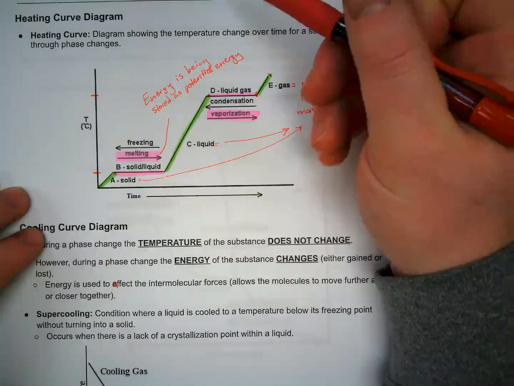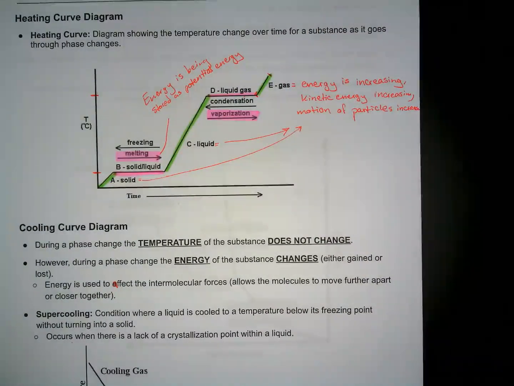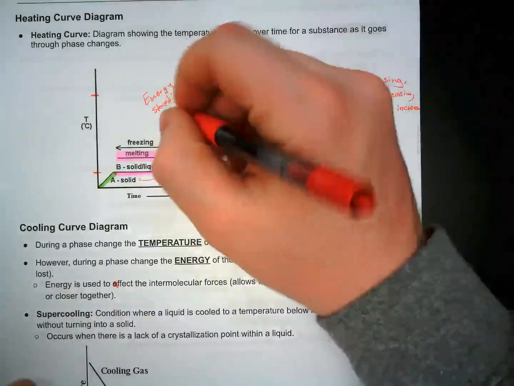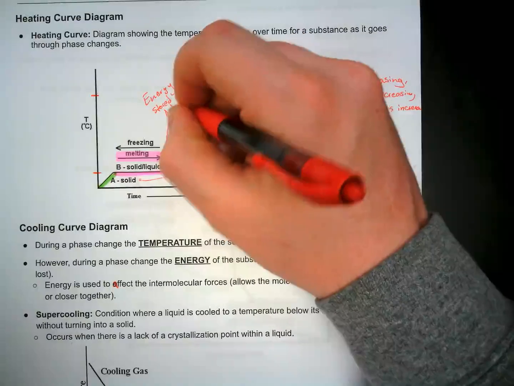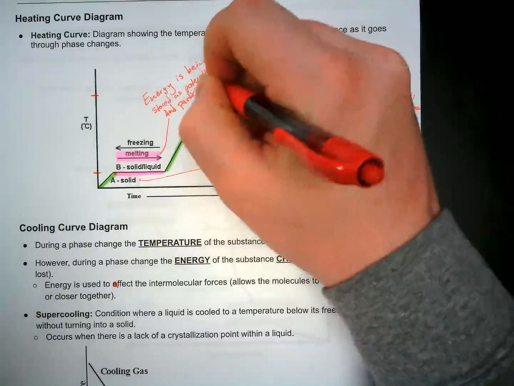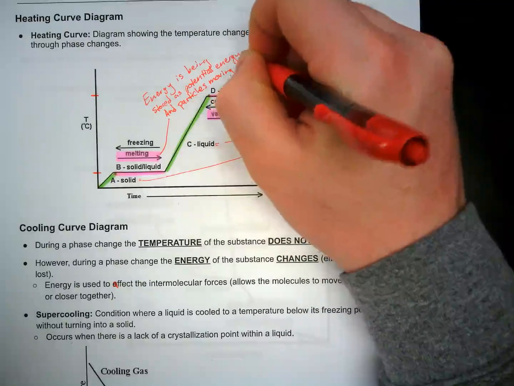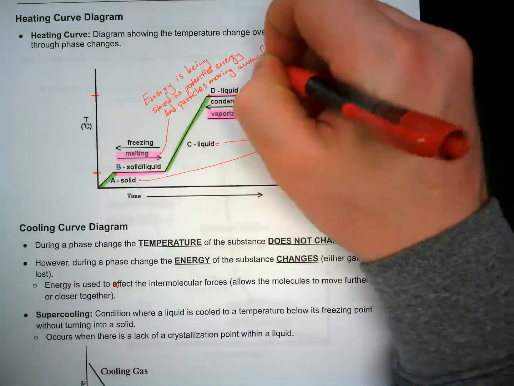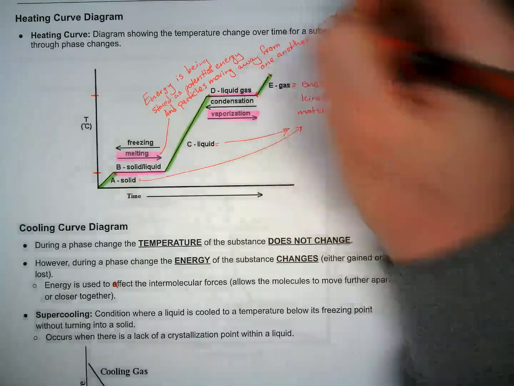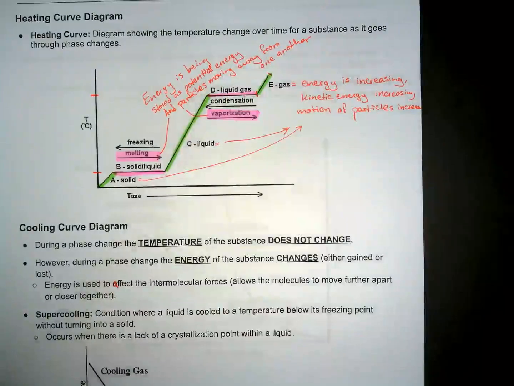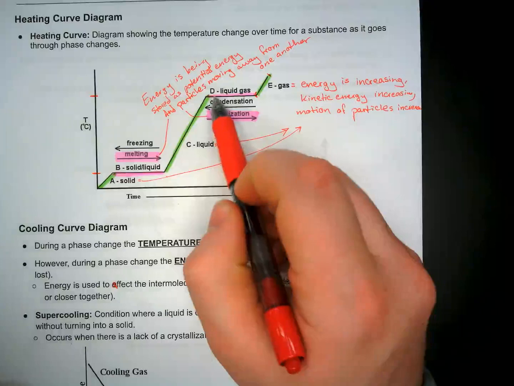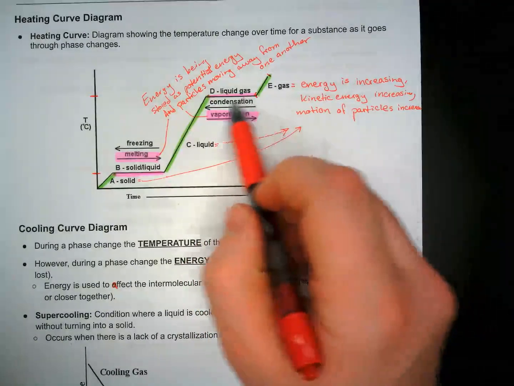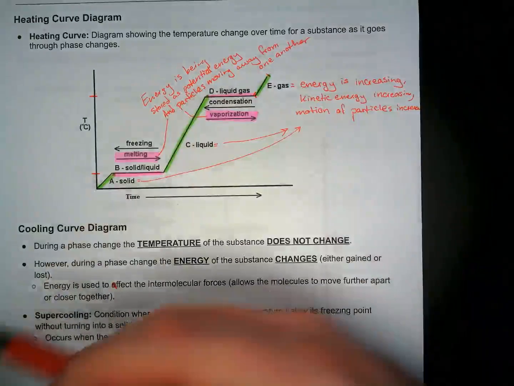And this is the bigger point: we also see particles moving further away from one another. So here at melting and here at vaporization, the energy is being stored as potential energy. That's why again we see the temperature stay the same, and the particles are now moving further and further away.